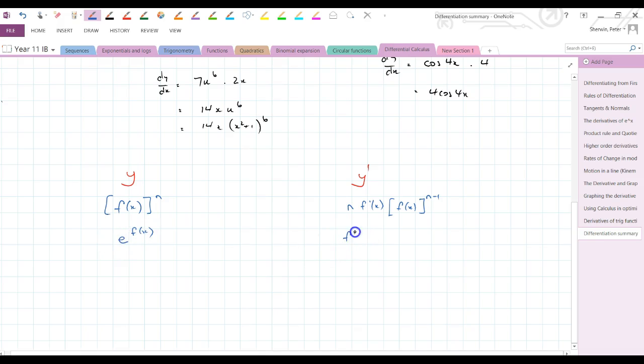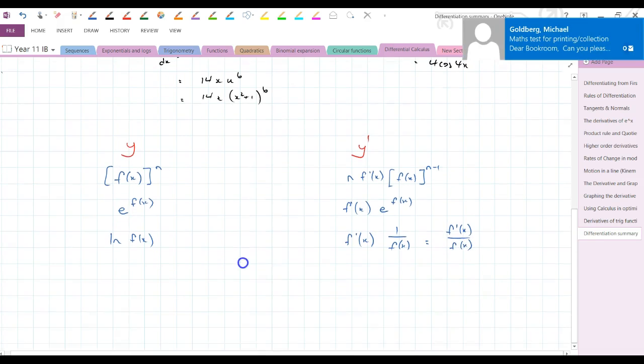My derivative is f dash x, e to the f(x). See the pattern here. When I've got ln f(x), that's f dash x by 1 on f(x), which is more easily written as just f dash x over f(x).